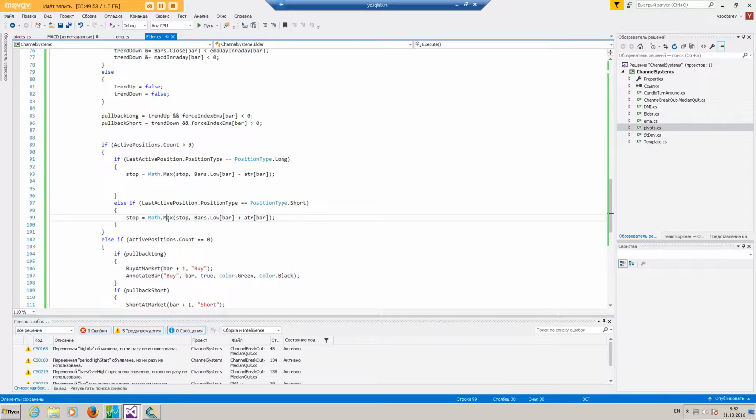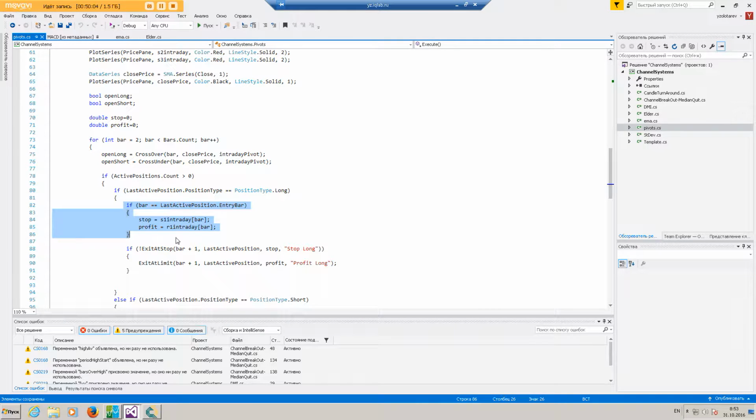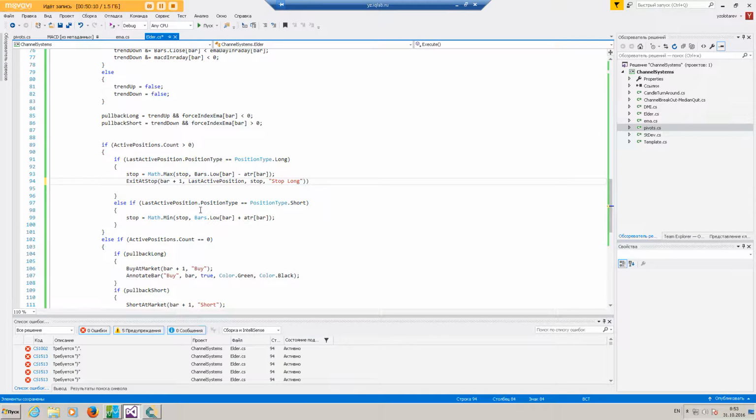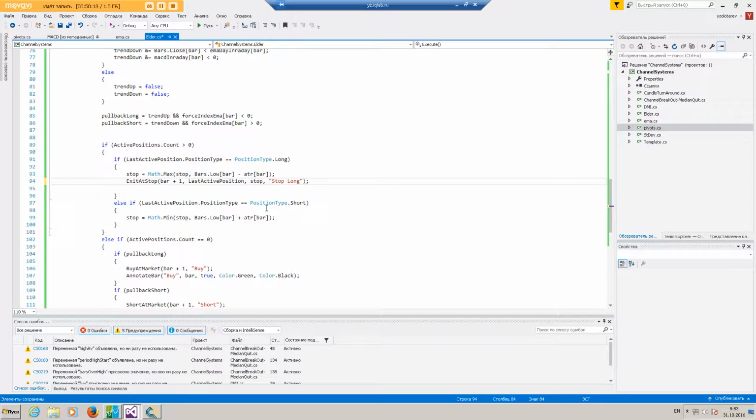And of course it's going to be min, right, because we're moving it down and this one is moving up. Okay, and so now we're going to exit with a stop. Exit the stop, stop long.